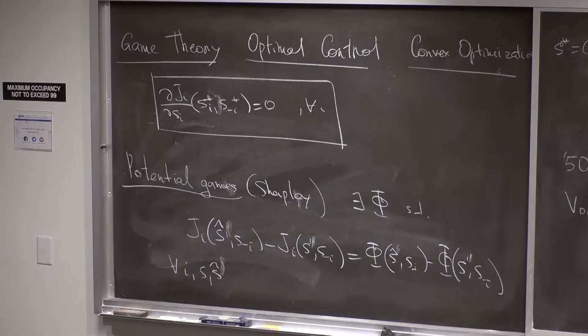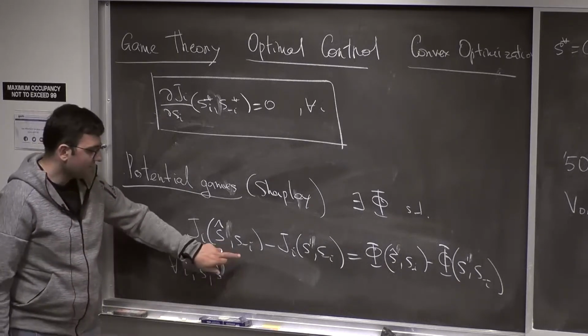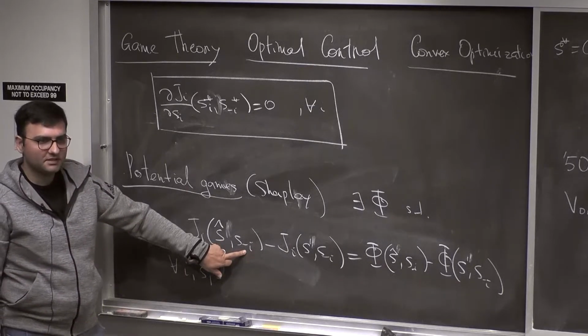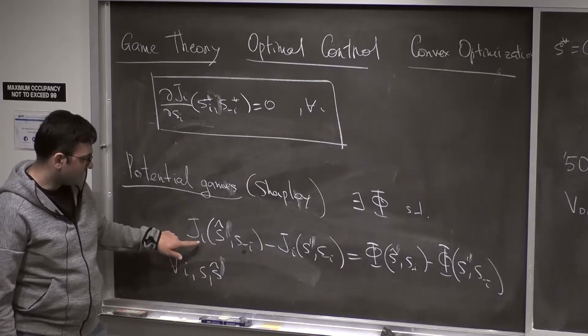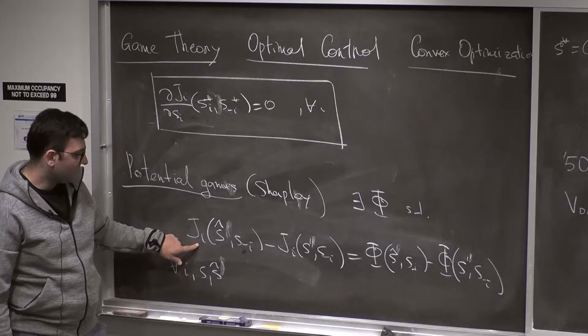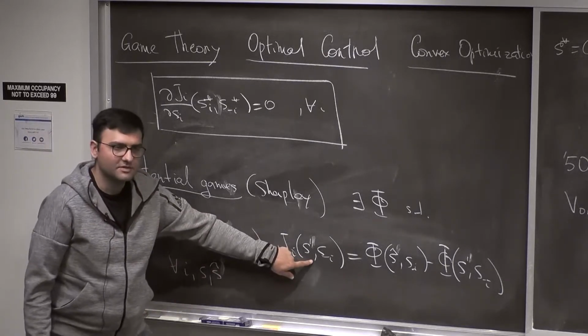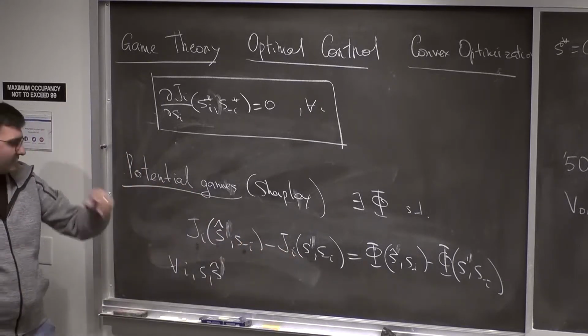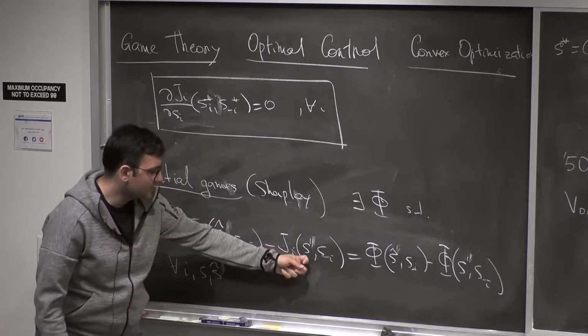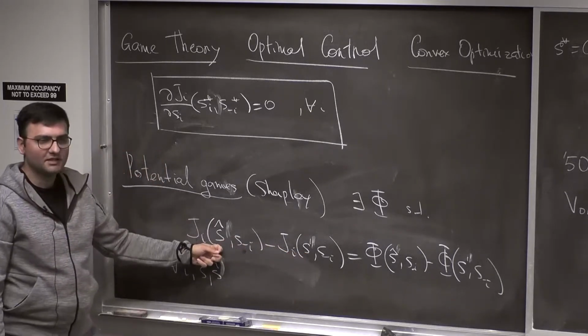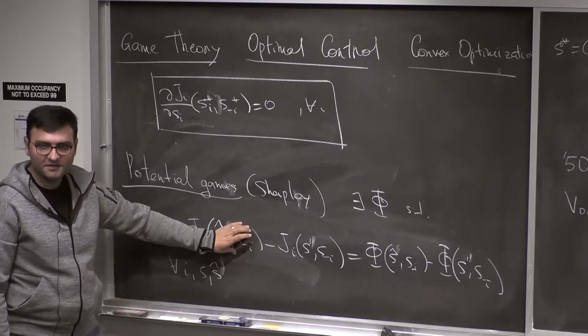Okay, so what's the idea here? Let's say the actions of the other players are fixed, right? And then we consider the difference of the value of the player i at points S hat and S prime. So we're looking at the increment of the value when, let's say, the player changes its strategy from S prime to S hat, given that the other things are fixed.